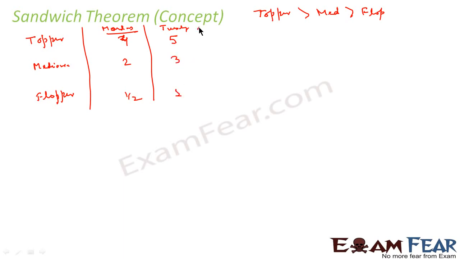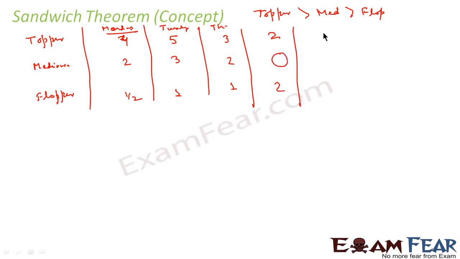This can be regular statistics. On Thursday, the topper watched for 3 hours, the mediocre for 2 hours, and the flopper for 1 hour. But suppose on a particular date, we tell that the topper watched for 2 hours and the flopper watched for 2 hours, and I want to find how many hours the mediocre watched.